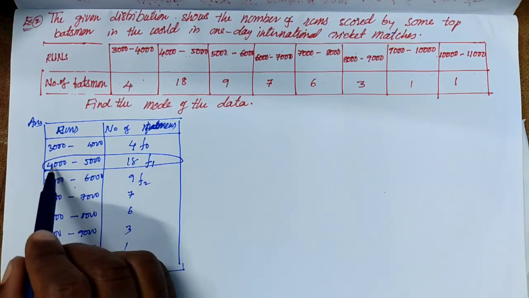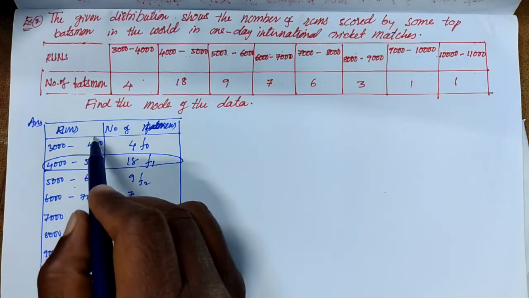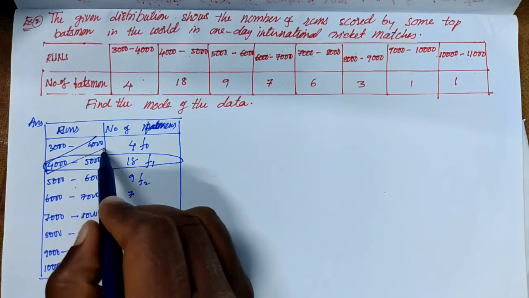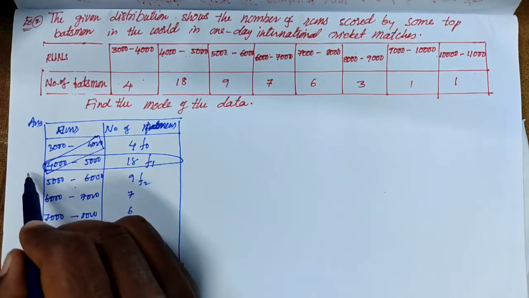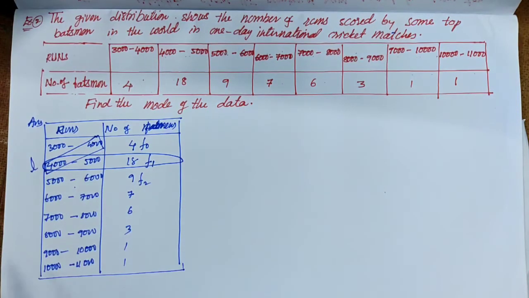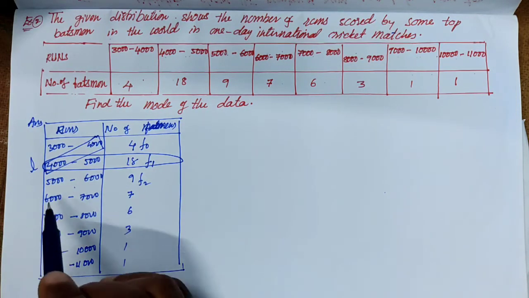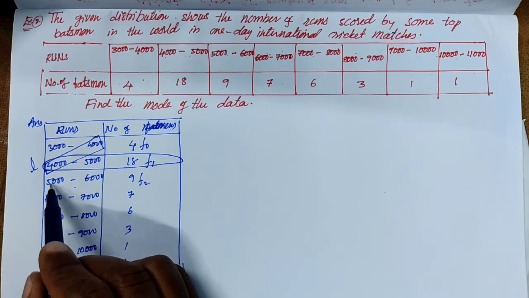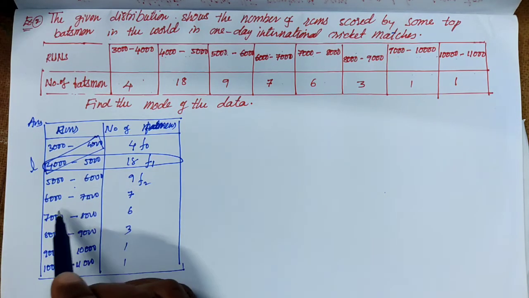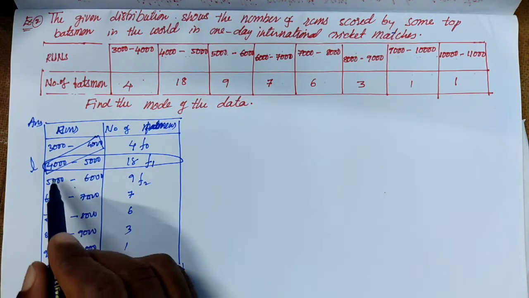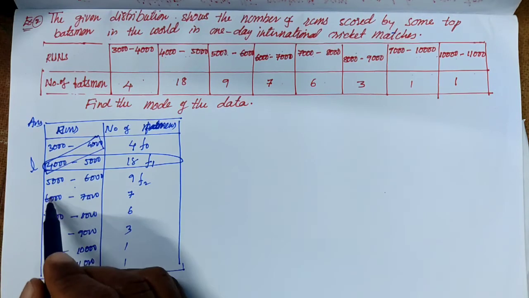The lower boundary of this modal class is 4000, and the average of this one and this one is L. What is the length of the class? 5000, 6000, 6000, 7000, 7000, 8000, so the length of the class is 1000.